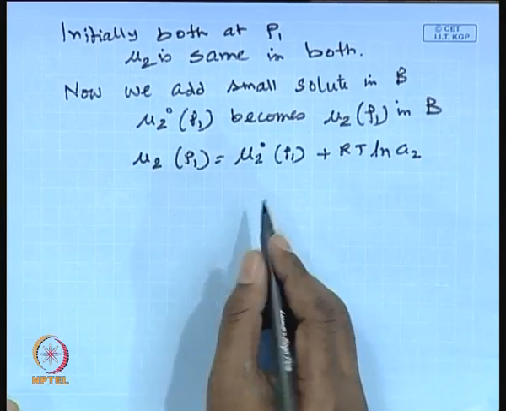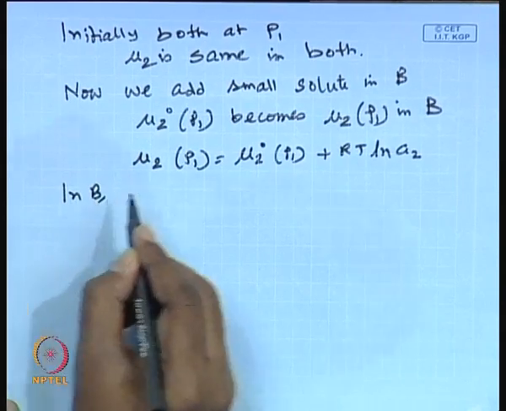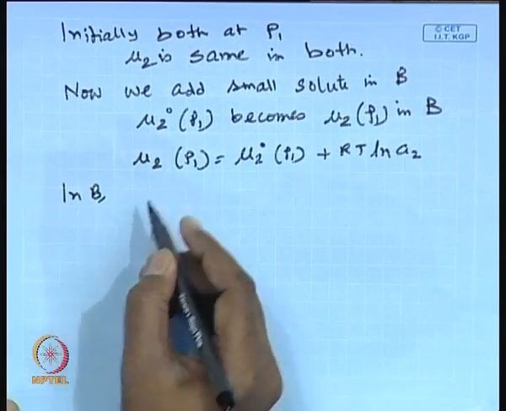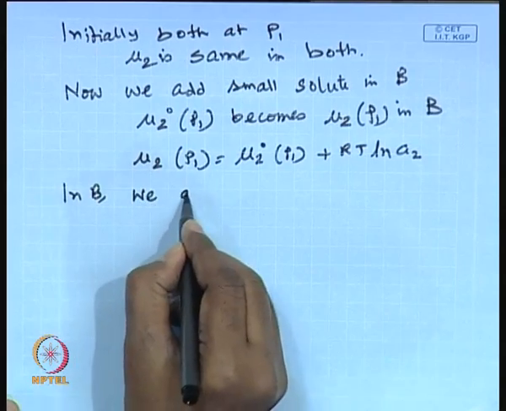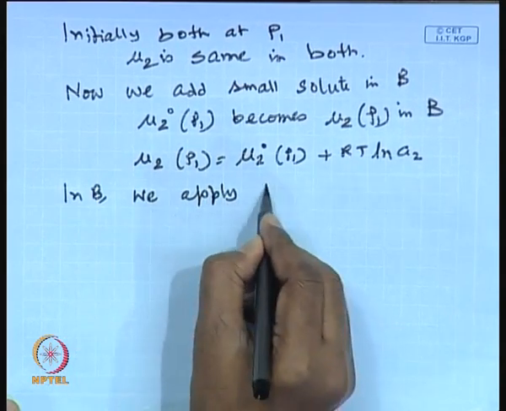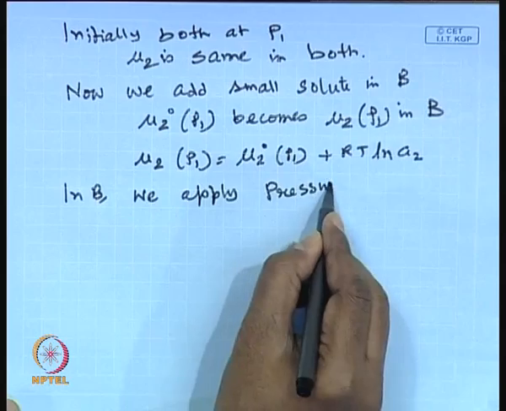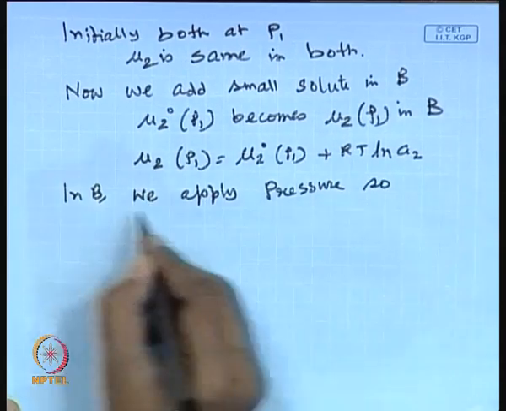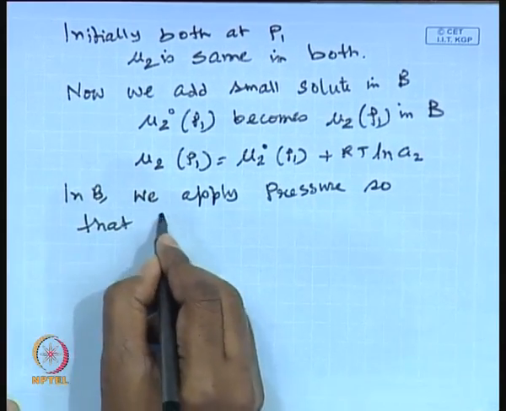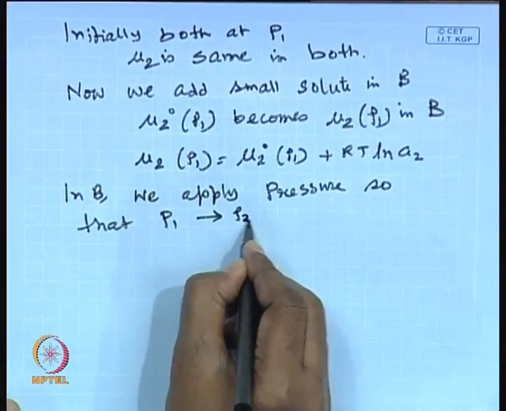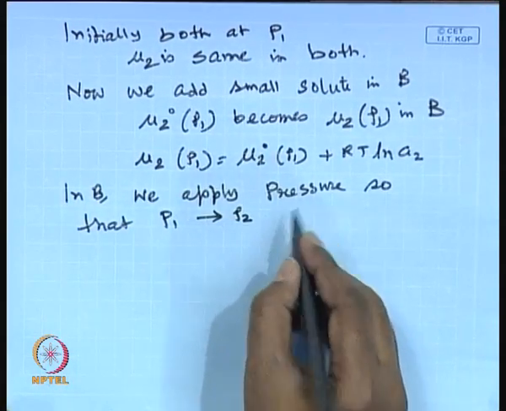Okay. Now in B we apply pressure, so that P1 becomes P2 and osmotic equilibrium is restored.